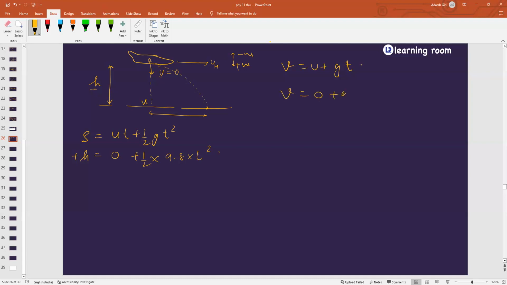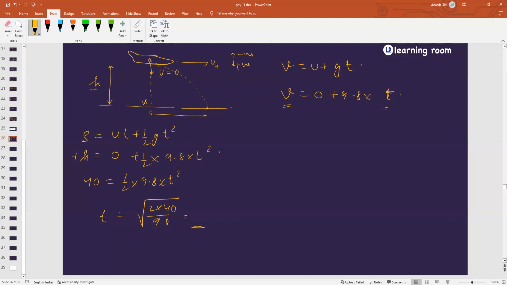U is 0, g is 9.8, t we don't know. Now the height that has been covered is 40, which is half into 9.8 into t square. So from here t will be 2 into 40 by 9.8. You solve this and get t. You put the t here, and you'll get the velocity. This is the velocity that you'll get when you reach the bottom.